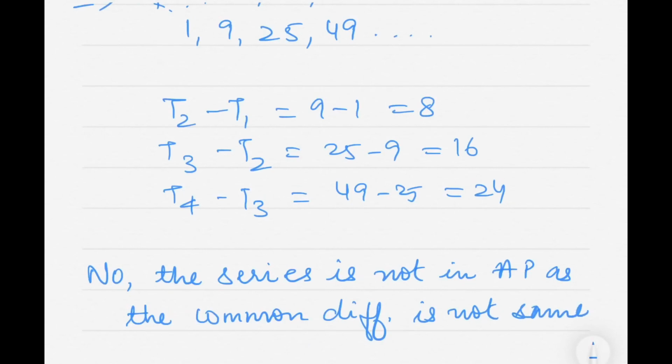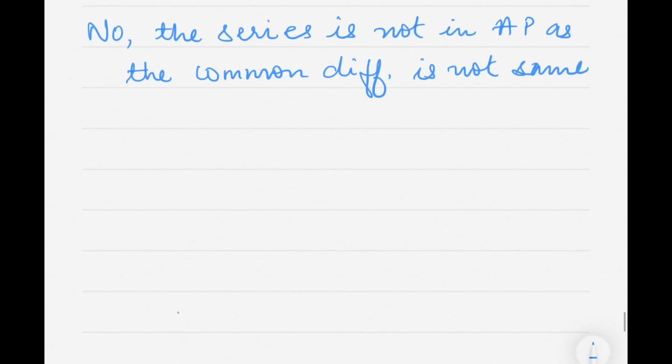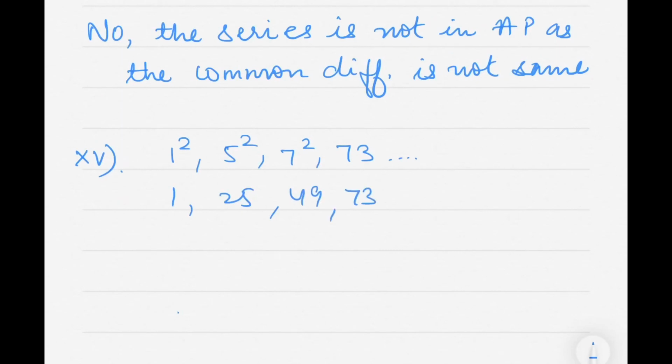Right. Now let's move to the last part, the 15th part of the fourth question. This gives me 1 square, 5 square, 7 square and 73 and so on. So 1 square is 1, 25, then 49 and 73. Is this an AP or not?